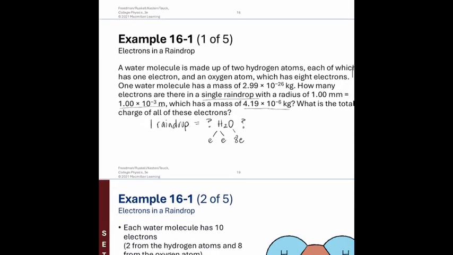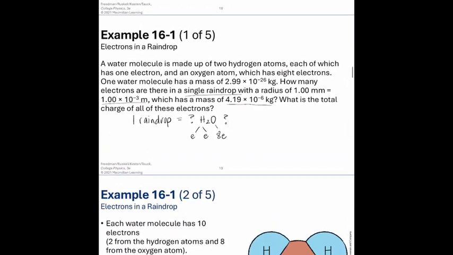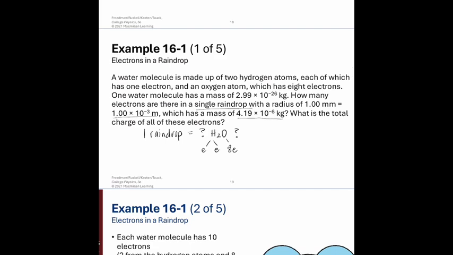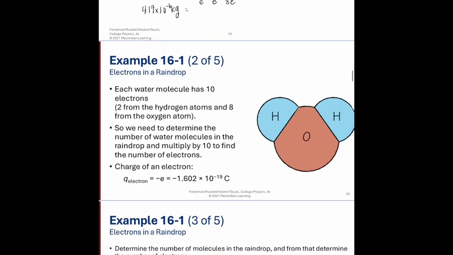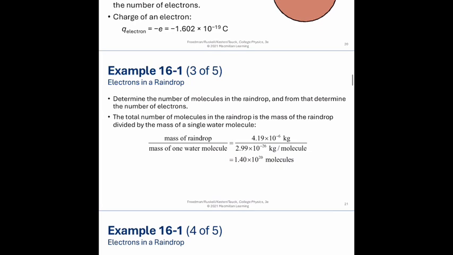So we need to figure out the mass of H2O, because we know the mass of the raindrop, right? If we know the mass of one water molecule, we'll be able to figure out how many water molecules are in 4.19 times 10 to the minus 6 kilograms. That's something that you can look up.